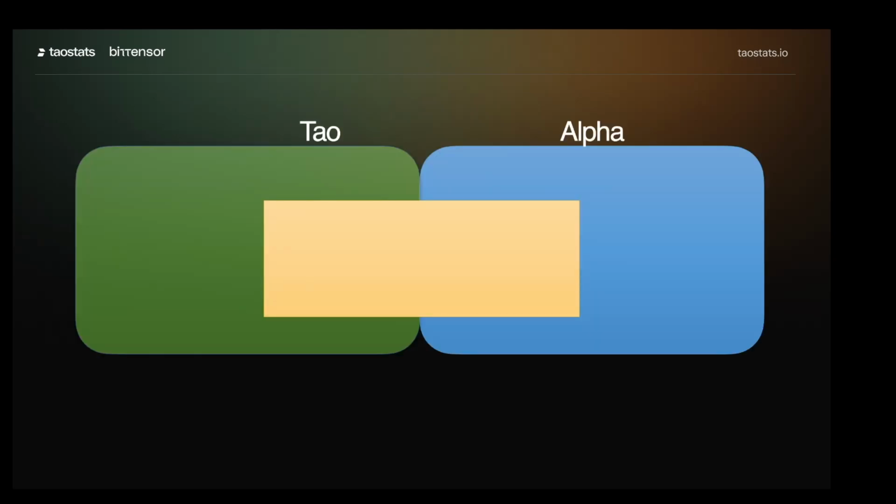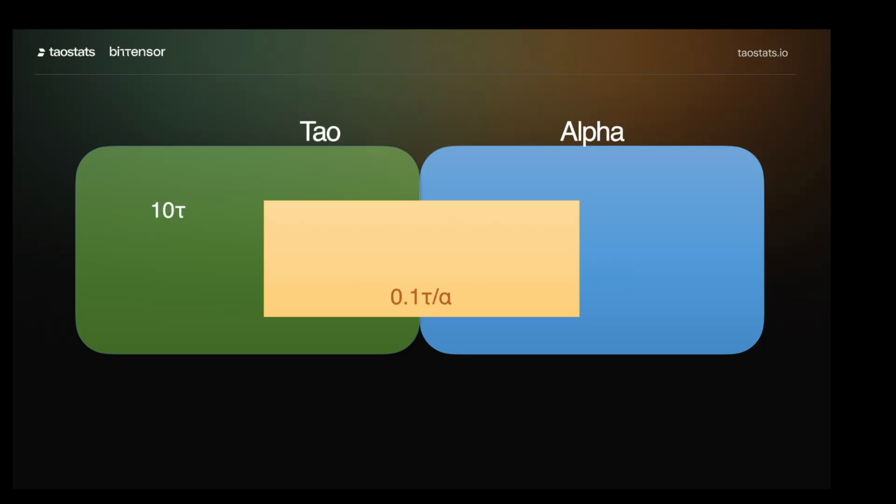If you've watched our videos before, you've seen diagrams like this, where there's Tau and there's Alpha, and the yellow box represents a liquidity pool. In the liquidity pool, that's how you turn your Tau to buy Alpha or take your Alpha to sell it back into Tau.